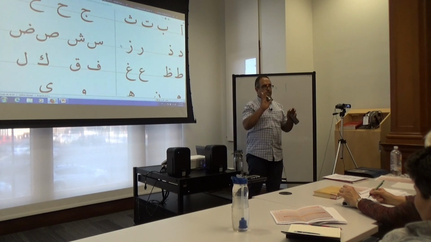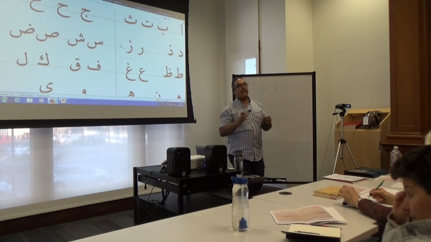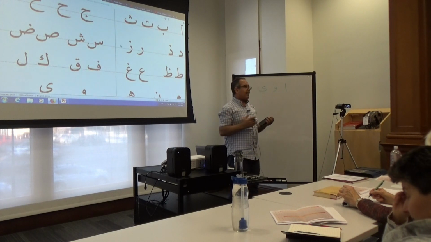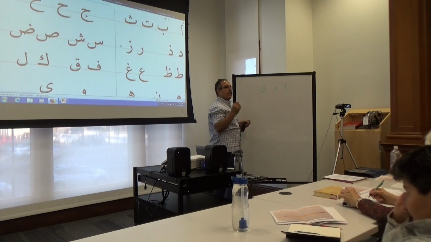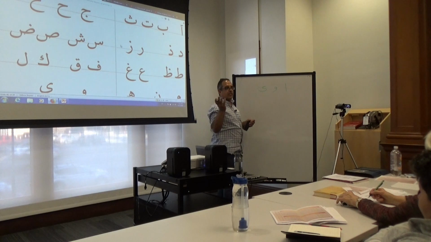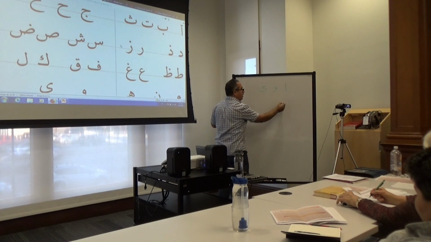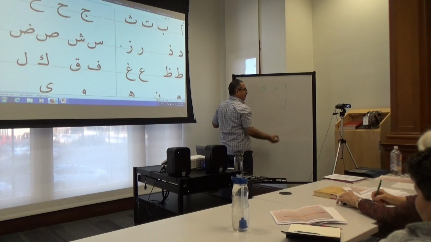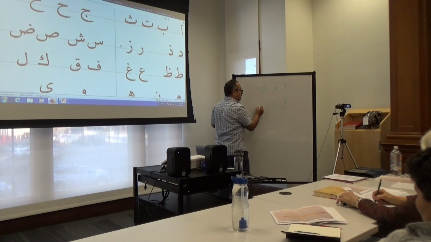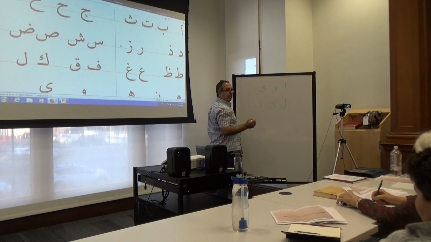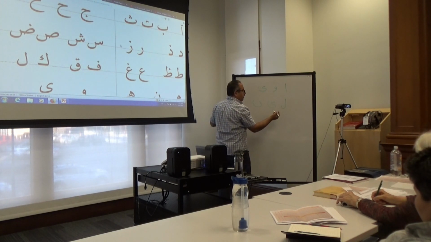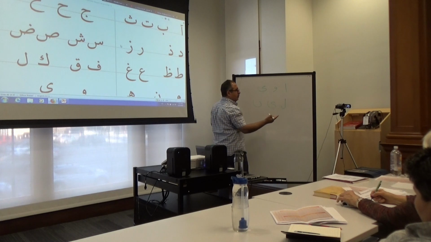So when we say lean, what do we hear? Lean. How many letters do we have in lean? The first one is what? Then we have, right? So, how do we connect them? Does lam connect with ya? Does ya connect with lam?